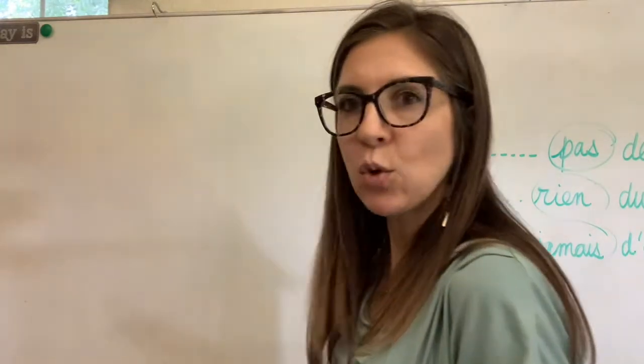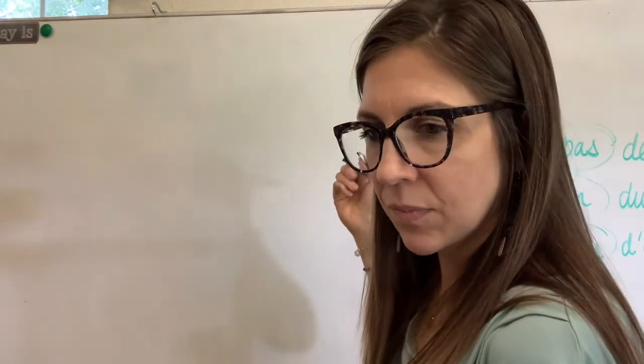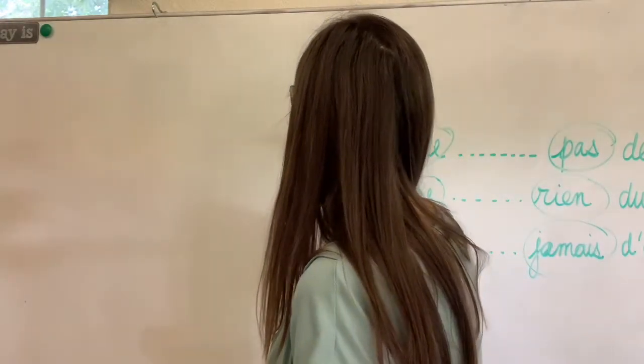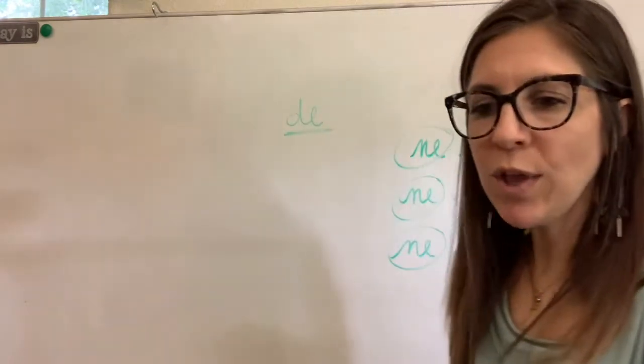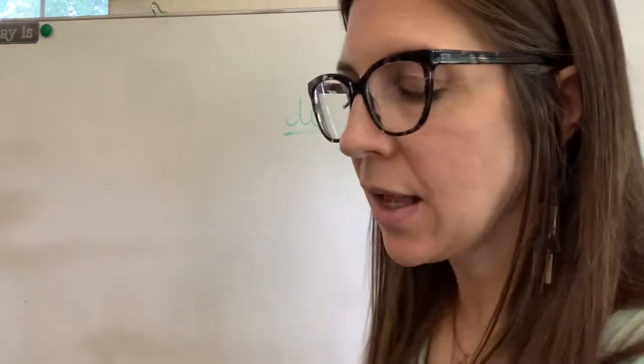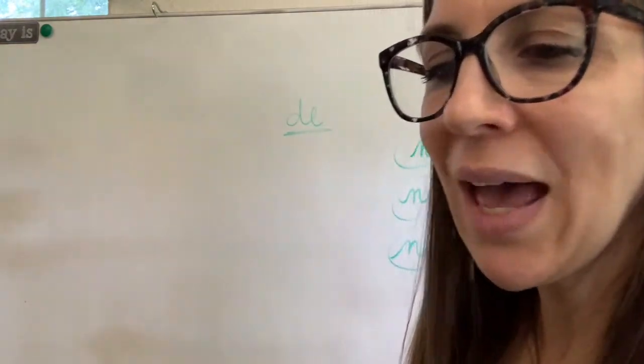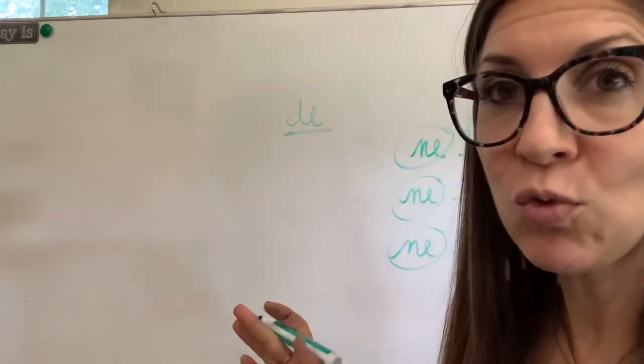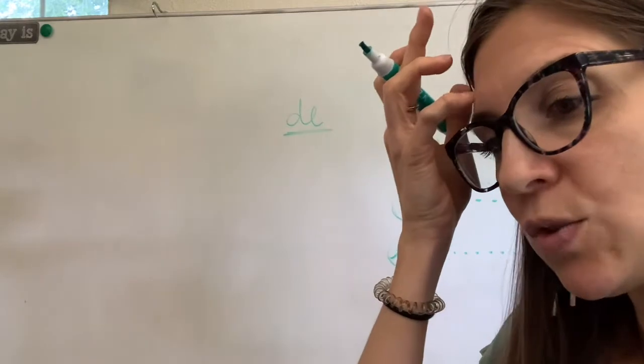Okay, so let's look over here. De. It's important that we understand de because de has many definitions in French, but we're only going to talk about two definitions, and I told you that before.